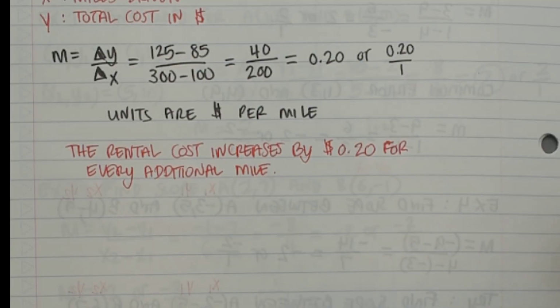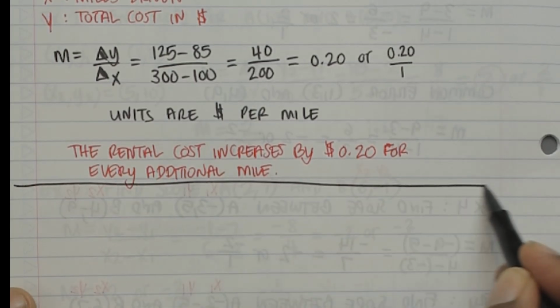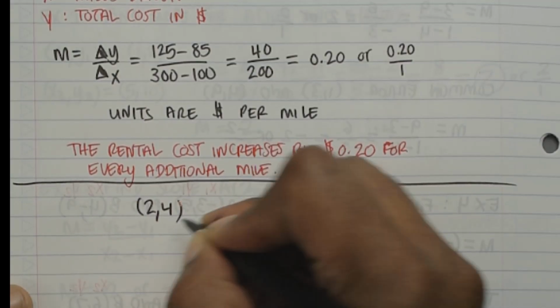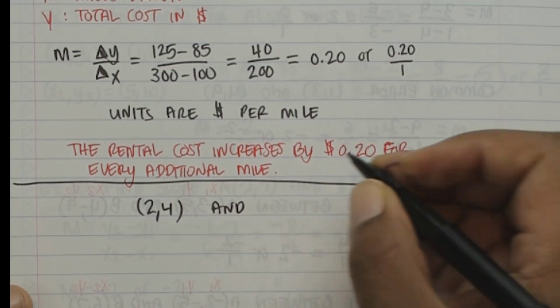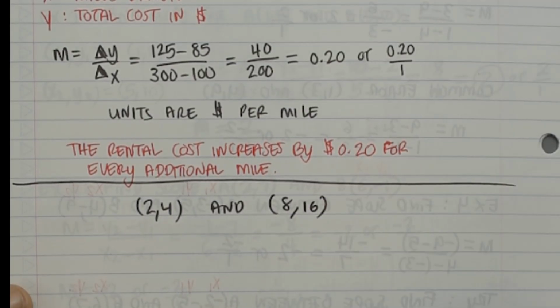A rate of change. Now, suppose you had two students who calculate the slope between 2, 4, and 8, 16. Okay.